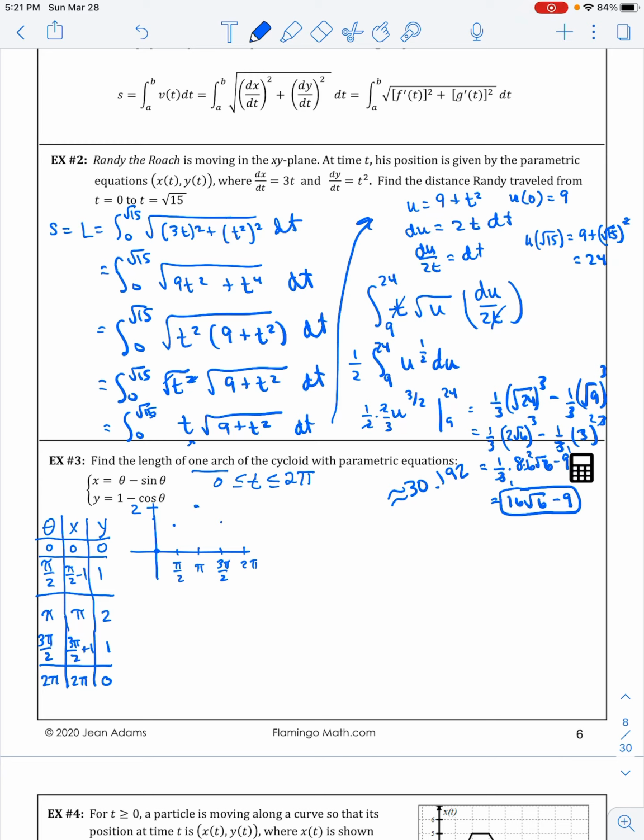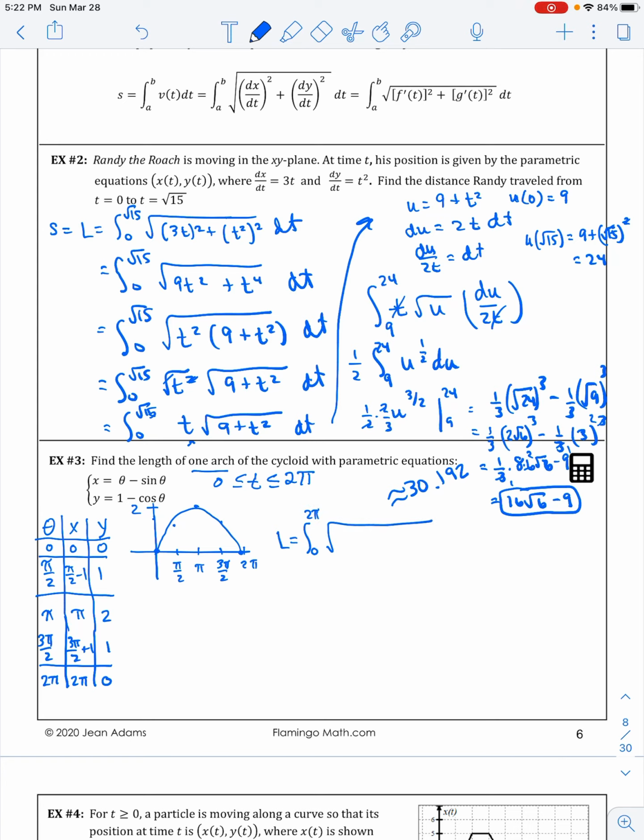So at pi, it's at 2. This one is going to be about here. This one's going to be about here, and this is 0. So basically, there's your one arch of that function. And that's why it works. So now let's go ahead and use our formula.